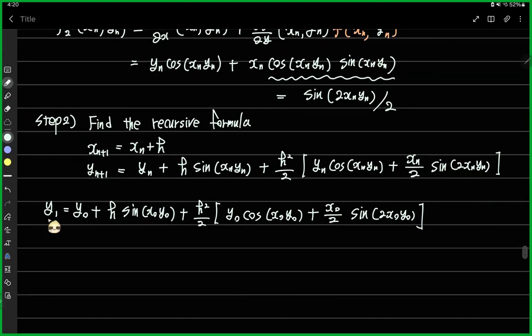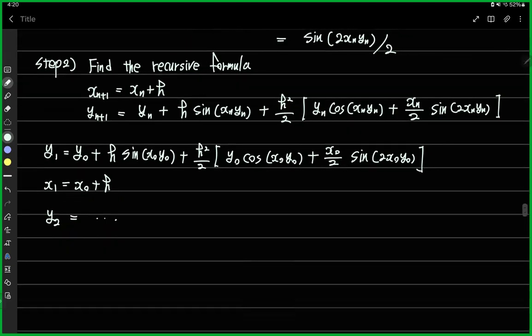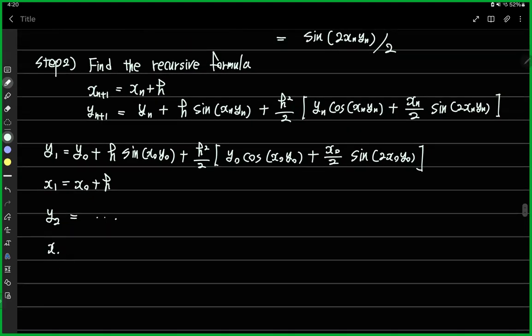And once you figure out y1, what is x1? X1 is x0 plus h, right? And then we find out y2. Then we move to the next step. X2 is x1 plus h. Then we find y3. Like that.